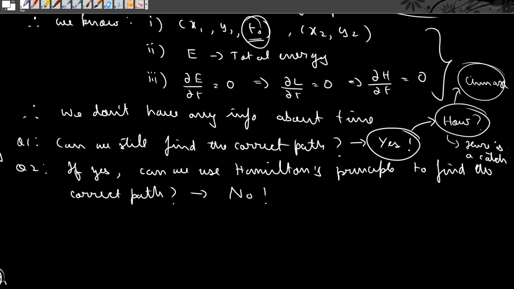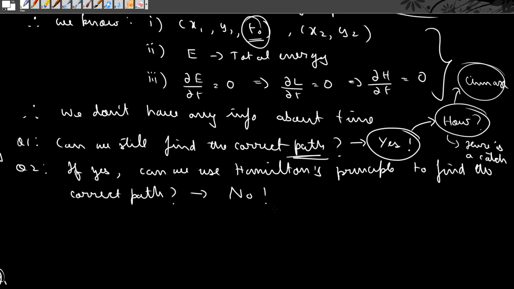So the answer to this question is yes, we can still find the correct path. How? We will look at it at the end of this video, we will just mention it at the end of the video, and we'll look at it in detail in the upcoming videos.